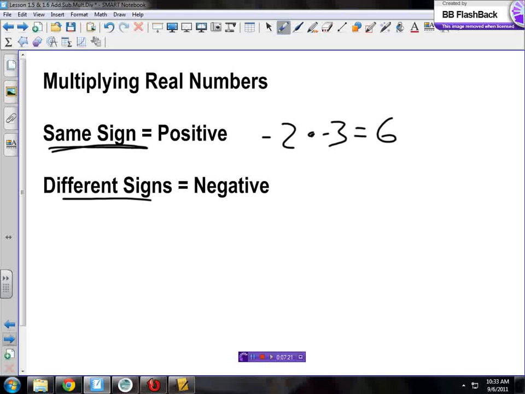Different signs, negative answer. That can be like negative 2 times a positive 3, or 2 times a negative 3 is negative 6. Opposite signs make negative.